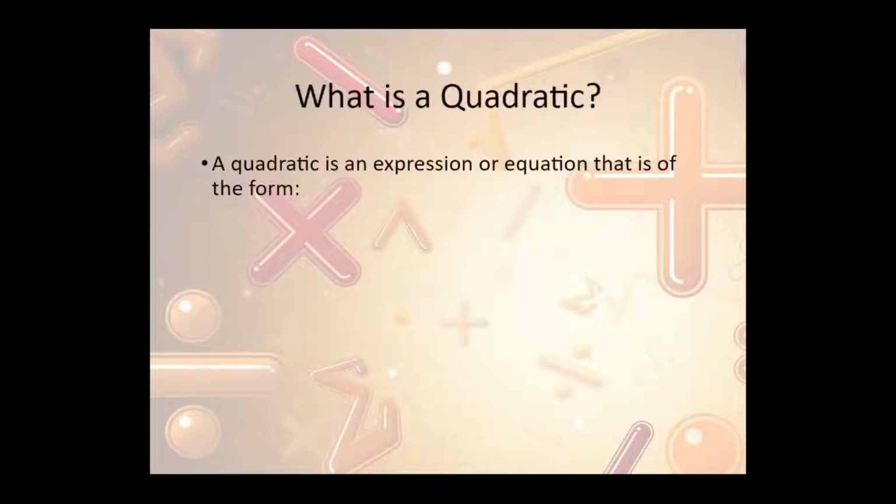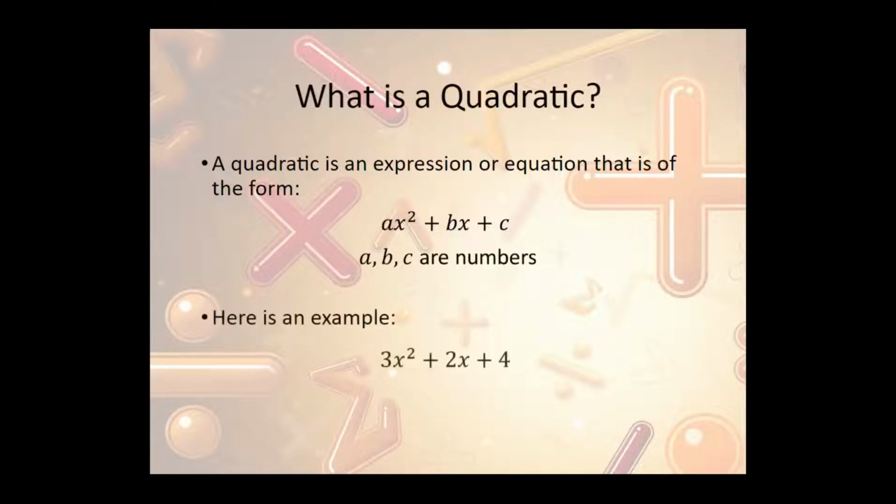Now, what is a quadratic? A quadratic is an expression or equation that is of this form: ax squared plus bx plus c. So notice the squared term is here, that we have an x squared, and we have some other x and then some constant. A, b, and c are all numbers, so those are not actually variables.